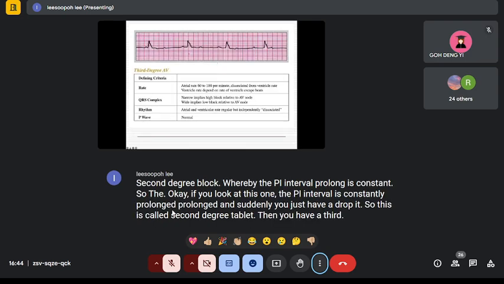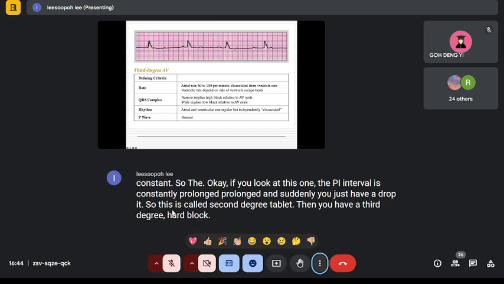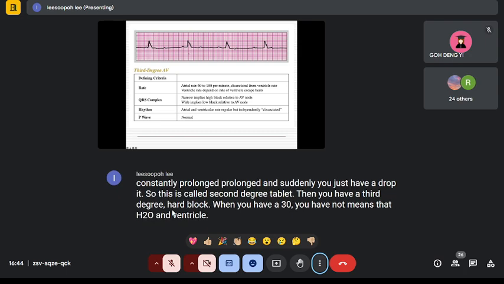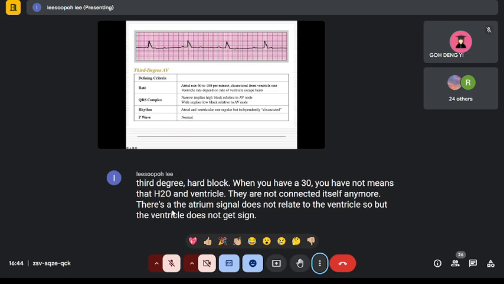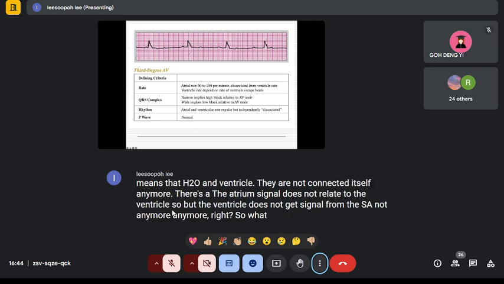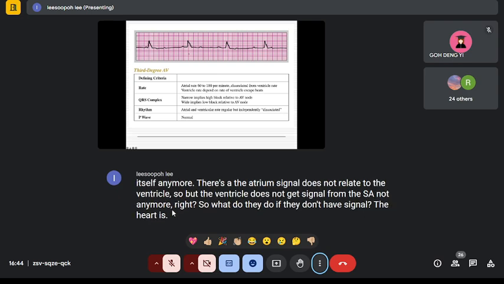Then you have a third degree heart block. When you have a third degree heart block, it means the atrium and ventricle are not connected anymore. The atrial signal does not relay to the ventricle. So the ventricle does not get signal from the SA node anymore, right? If they don't have signal, the heart is going to stop.